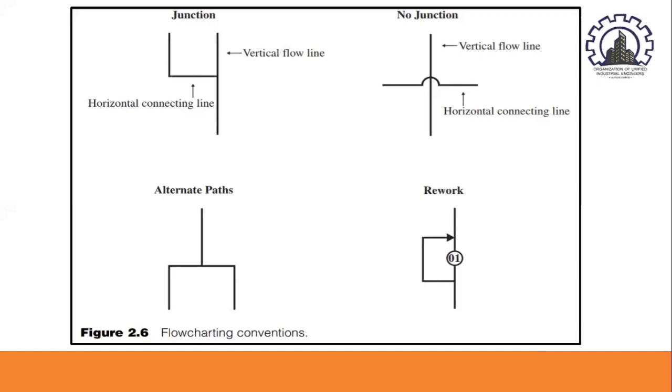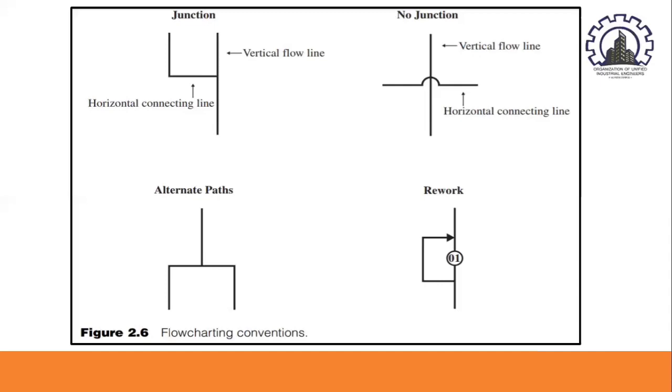In general, the operation process chart is constructed such that vertical flow lines and horizontal material lines do not cross. In other words, if it becomes necessary to cross a vertical and horizontal line, we should use conventional practice to show that no juncture occurs.